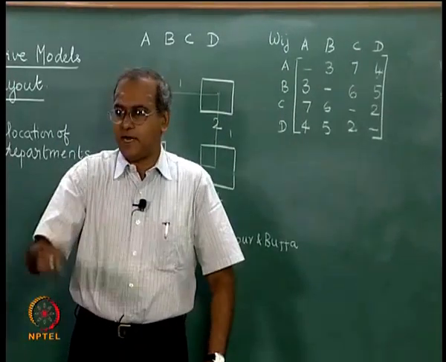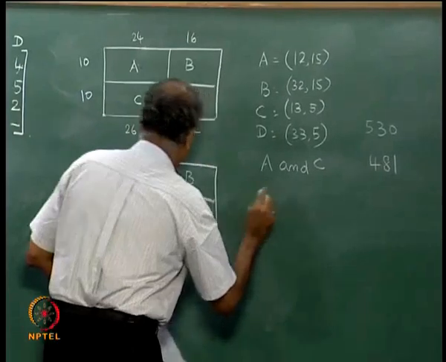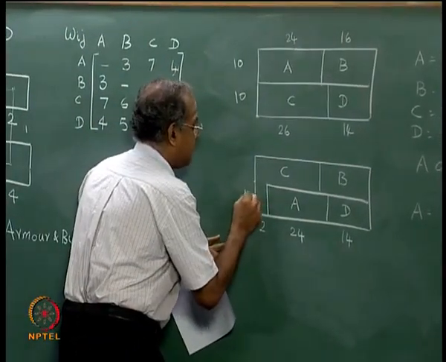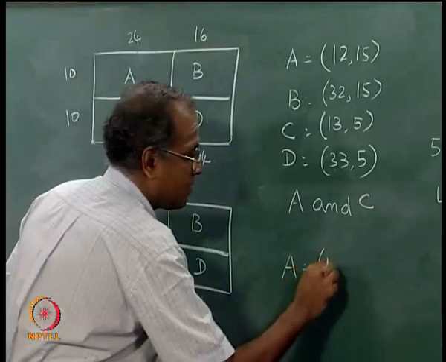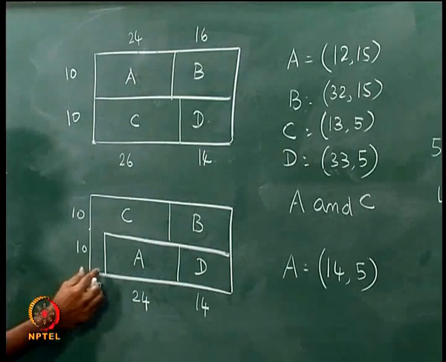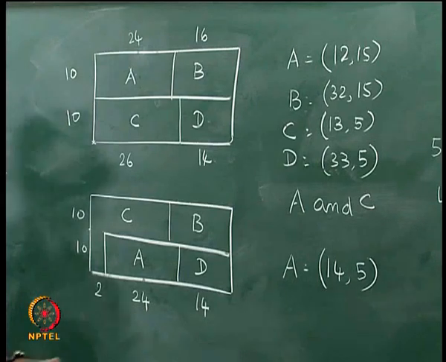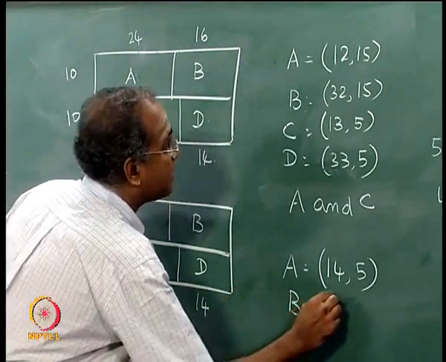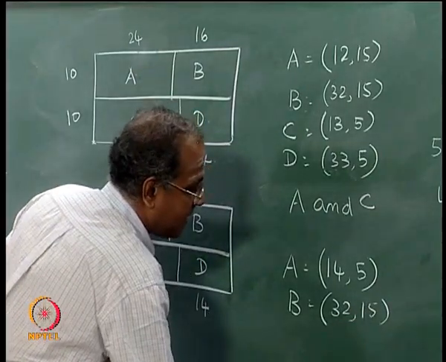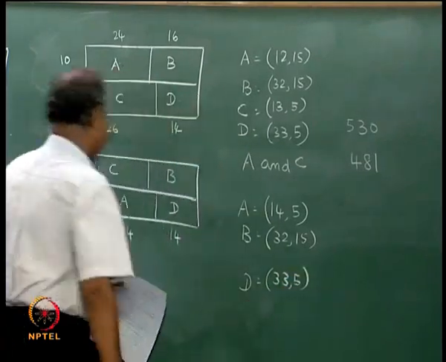Now I go back and update the centroids. Now you see that A's centroid is 2 plus 12, 14 comma 5. 14 comes because there is a 2 here and half of this 24 is 12, 14 comma 5. B's centroid will remain as 32 comma 15, D's centroid will remain as 33 comma 5.